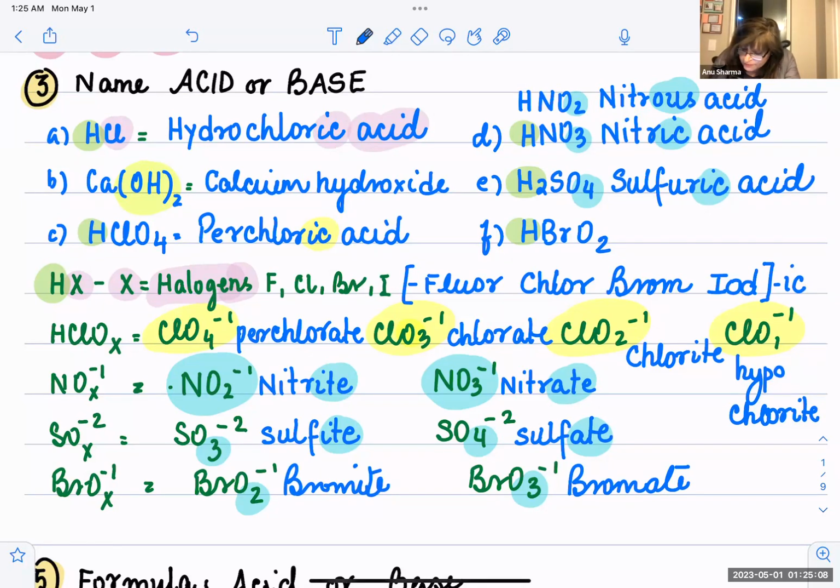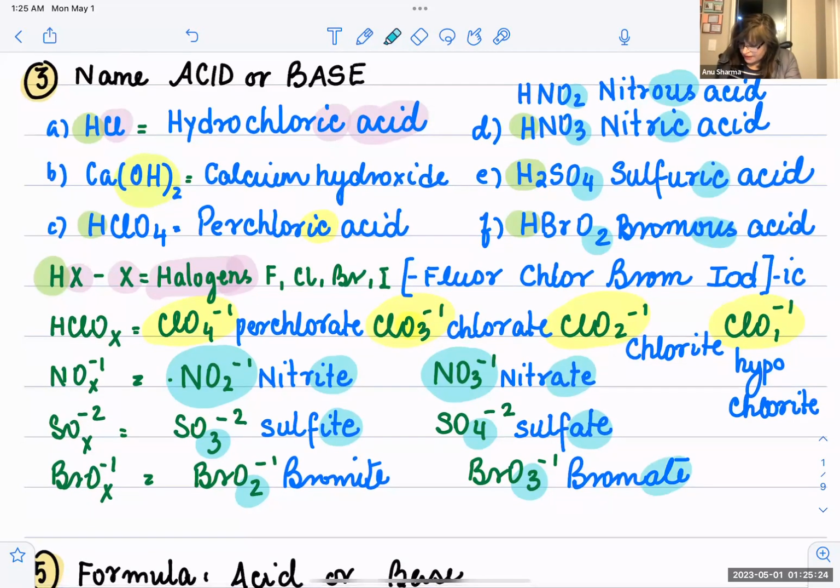But here you see, this becomes bromous acid, B-R-O-M-O-U-S, bromous acid. Bromic acid and bromous acid, but bromous is the lower oxidation state, so OUS. So bromite is lower, bromate is higher.